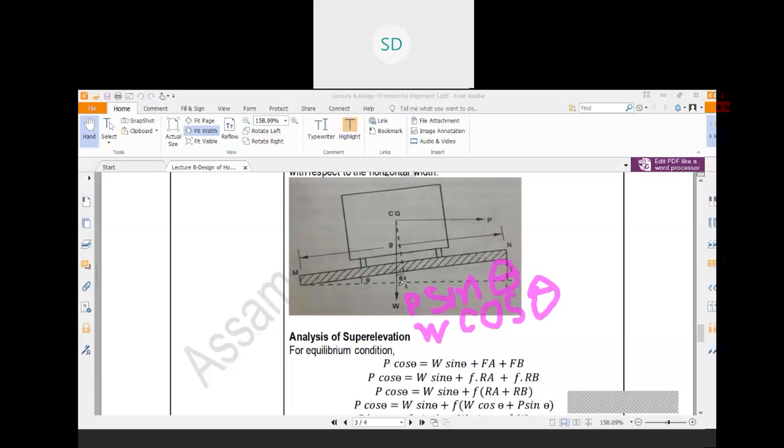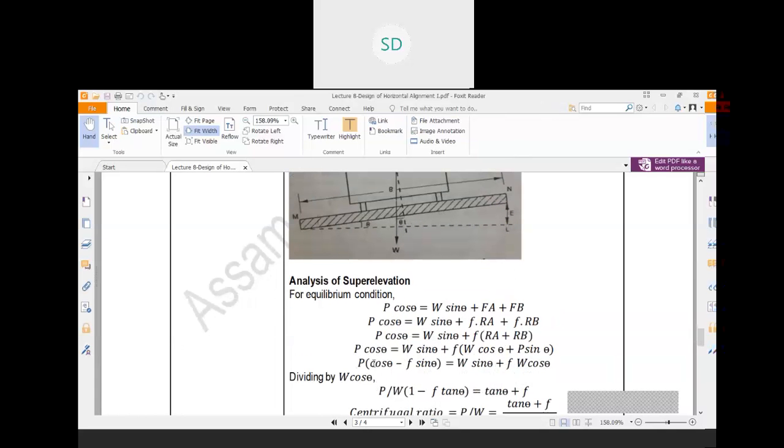These two forces act along this line. So your total Ra plus Rb equals W cos theta plus P sin theta.